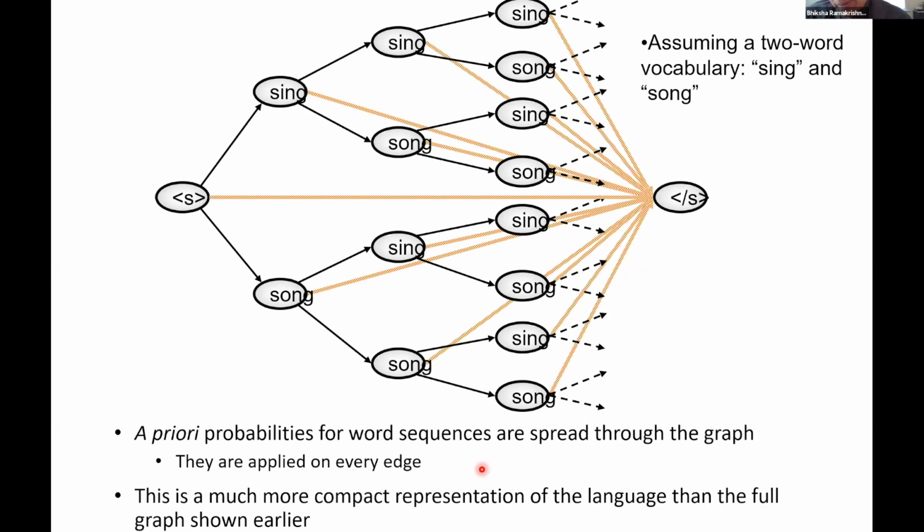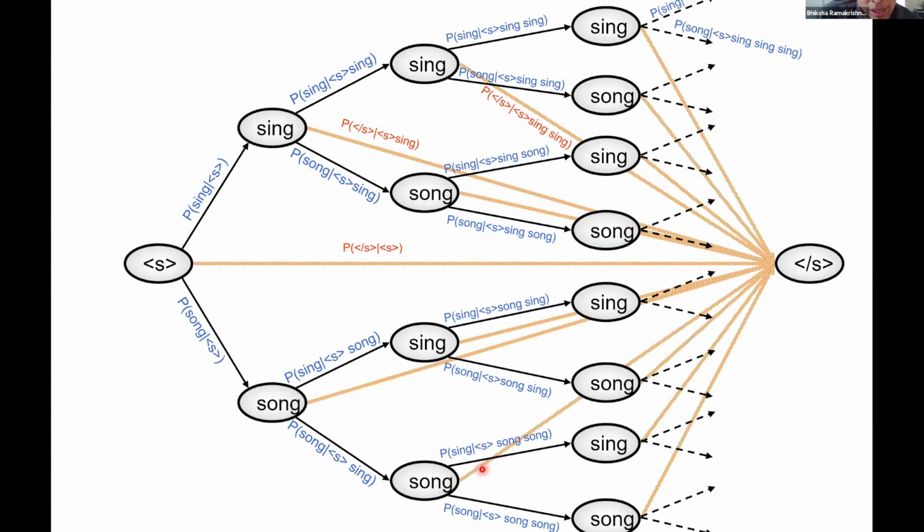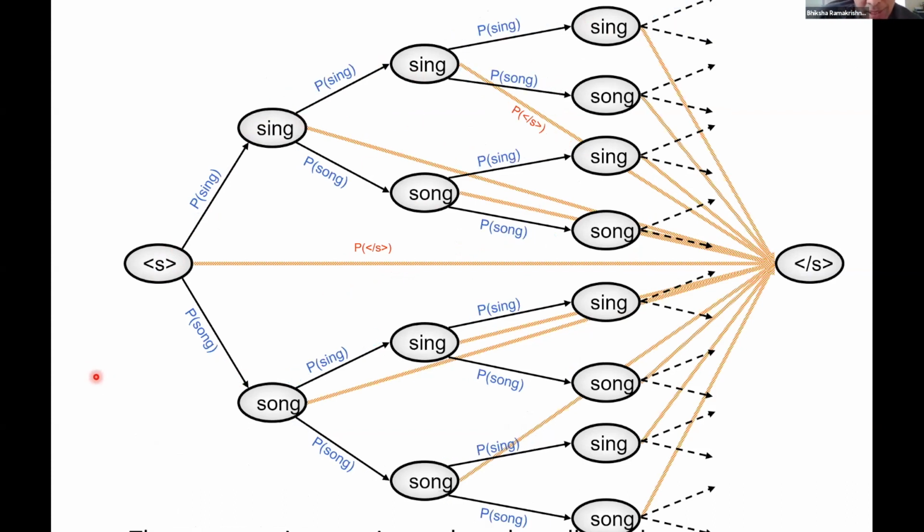So I'm going to simplify things. I'm going to build something called an n-gram language model, right? Remember, we want to assign penalties for every word sequence, correct? And so for this path, I want to have the penalty of the probability of sing, sing, sing. Every path has its own unique penalty. It turns out you can smear those things out.